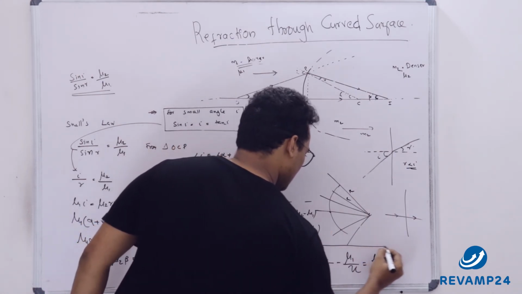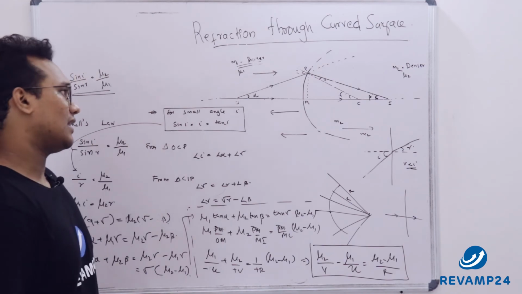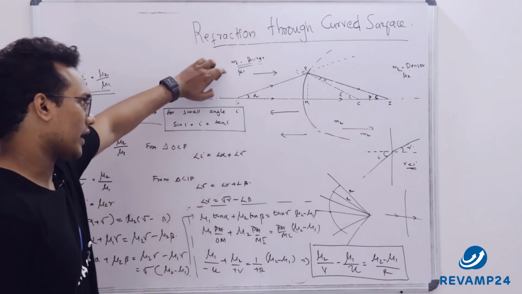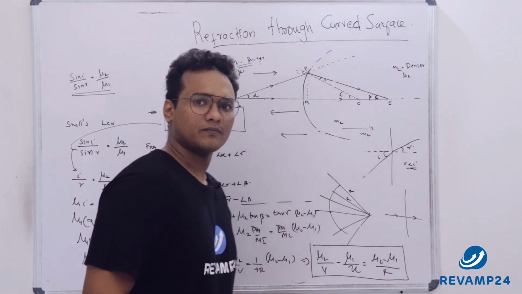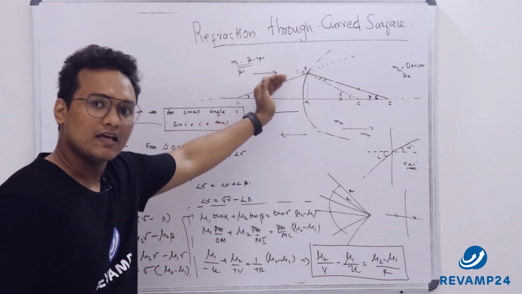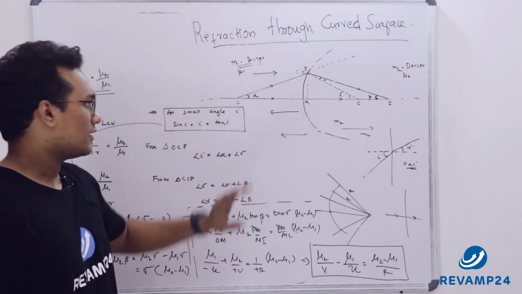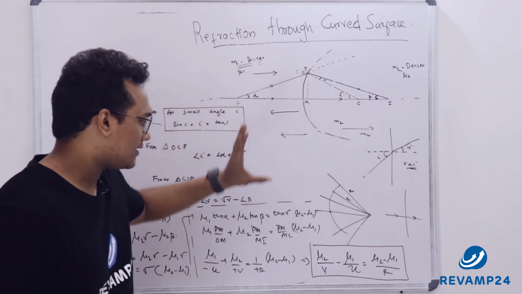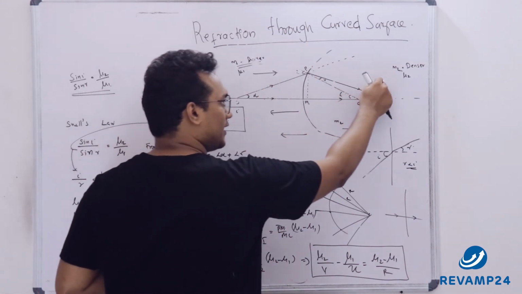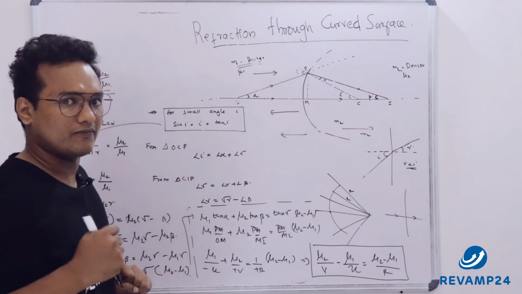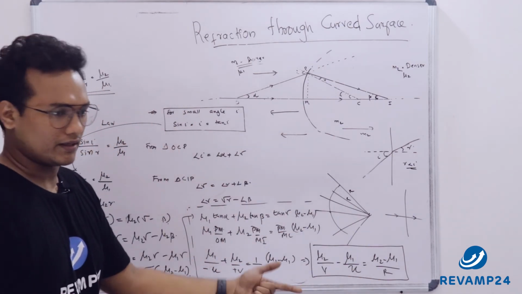Now this equation can be applied when the light ray enters from rarer medium to denser medium through a spherical surface. This spherical surface can also be a concave surface. Now for convex surface it is true. For convex, from rarer to denser medium, when the refraction is occurring, I can apply this equation because we have derived it.